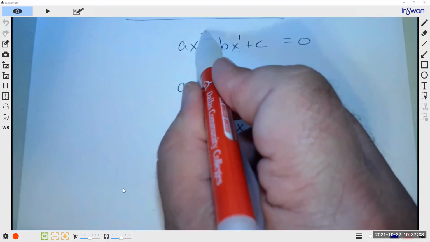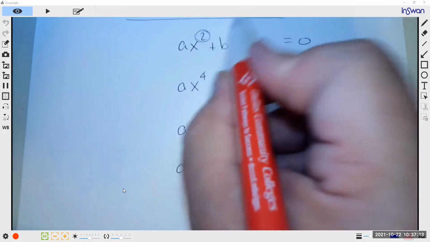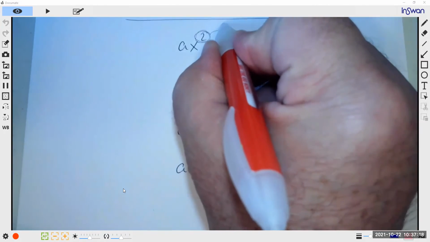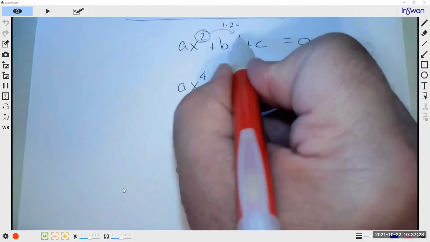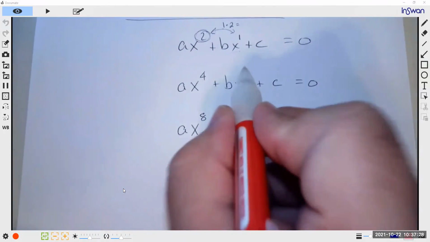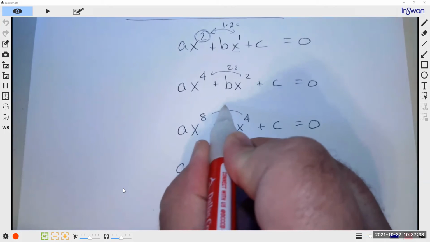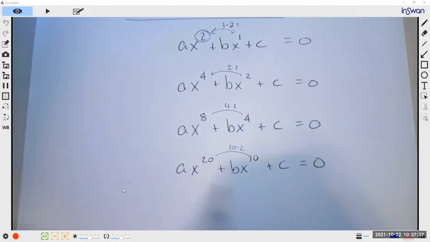So as long as the first exponent is 2 times the second, so if this is 1, 1 times 2 is 2, then it's quadratic. 2 times 2 is 4. 4 times 2 is 8. 10 times 2 is 20. That means these are all quadratic in form.